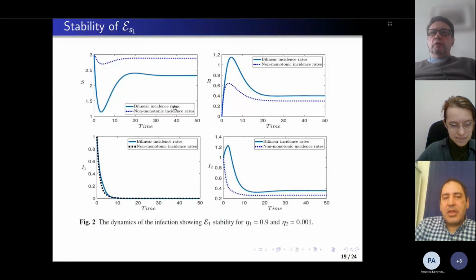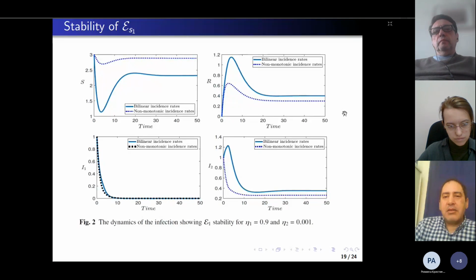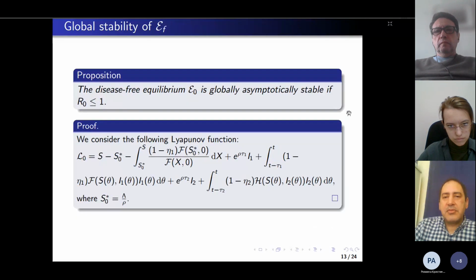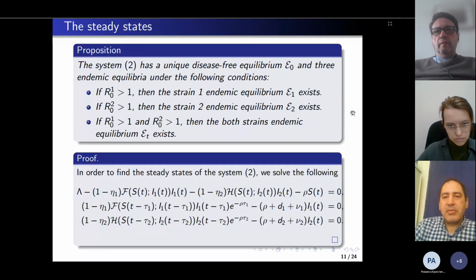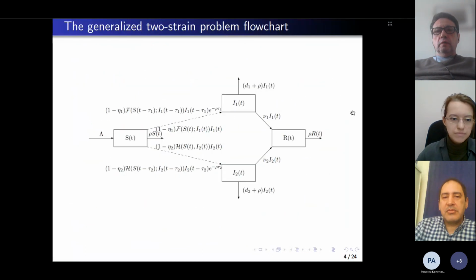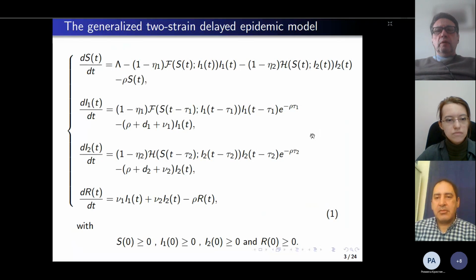Can I add to this question, please? Karam, could you show, please, the model, the equations? Yes. I think that the susceptibles are not equal to 0 because of this minus rho s term.